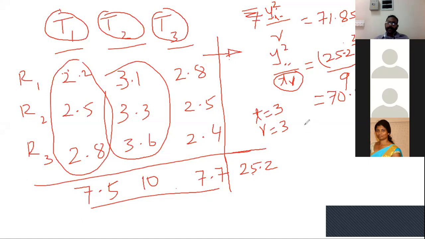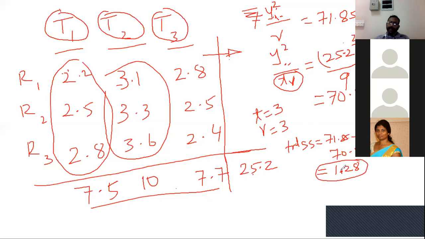So what is the treatment sum square then? 71.85 minus 70.56. Is it clear? So that is equal to 1.28. So this is the treatment sum square.